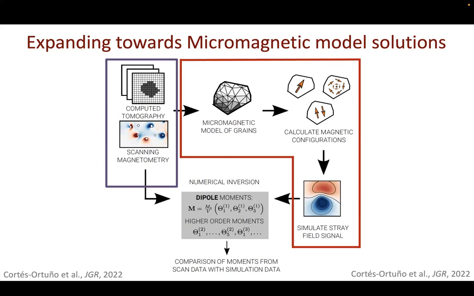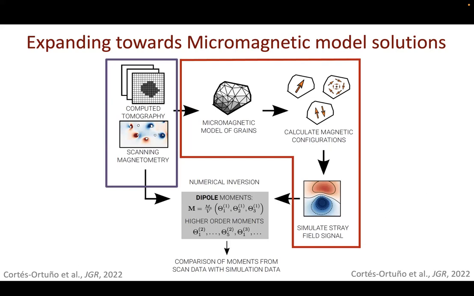So we can model a large number of possible domain states in the grains, because we have the shape and the volume of these grains anyway from the micro-CT data. So he calculated possible magnetic configurations, and then he simulated the stray field signal that you would expect from such a magnetic configuration in the grain.